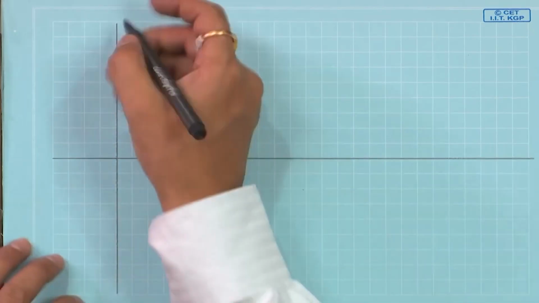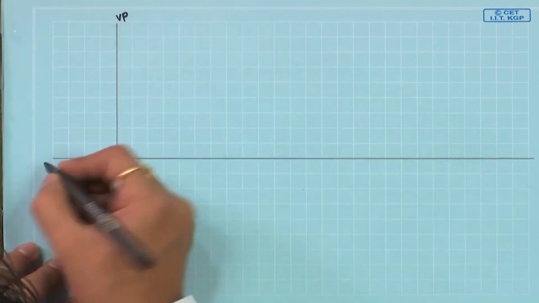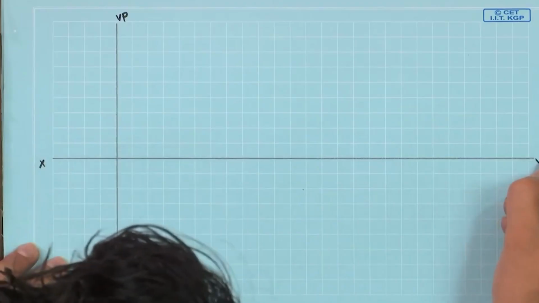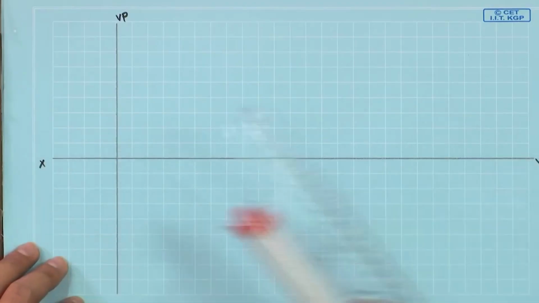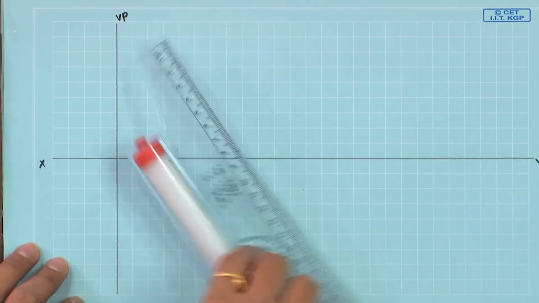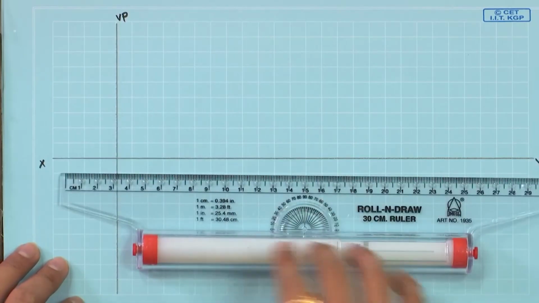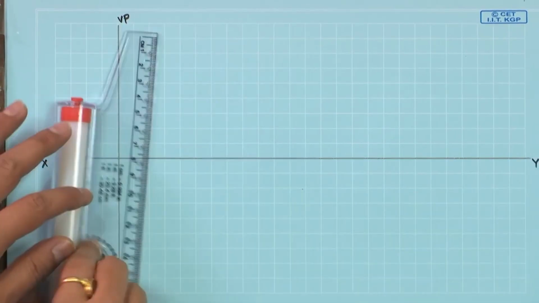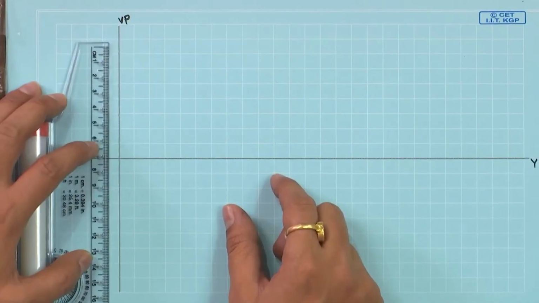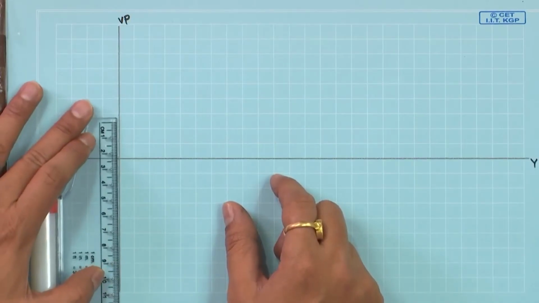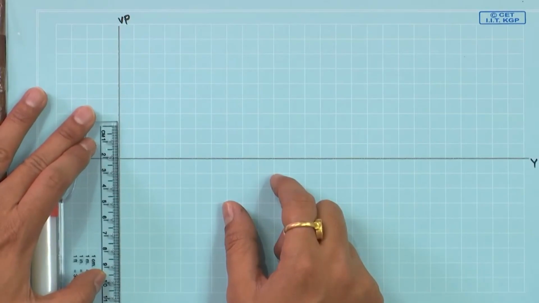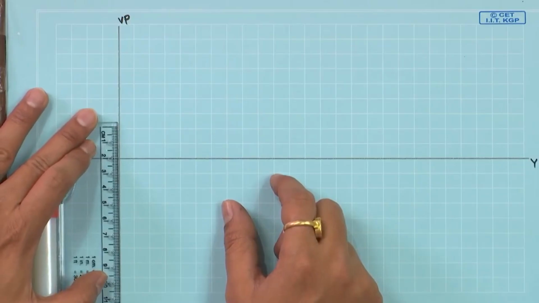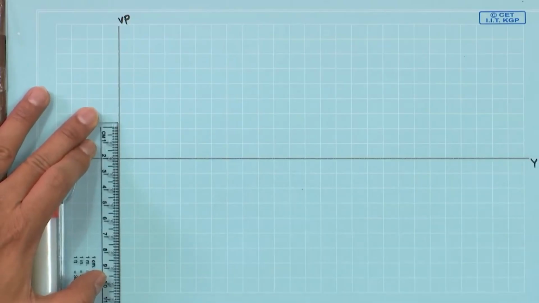Name it, this is vertical plane, this is x axis, y axis, and the first thing we have to do is project this point A in front of vertical plane by 20 mm. So, 20 mm somewhere there.